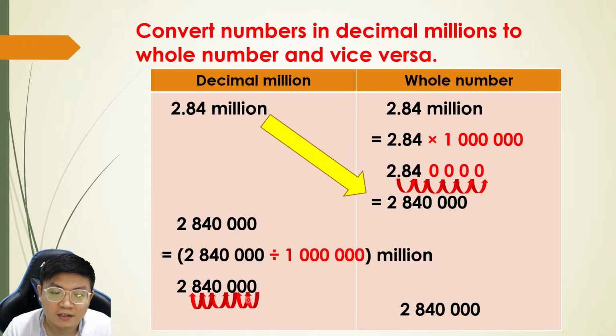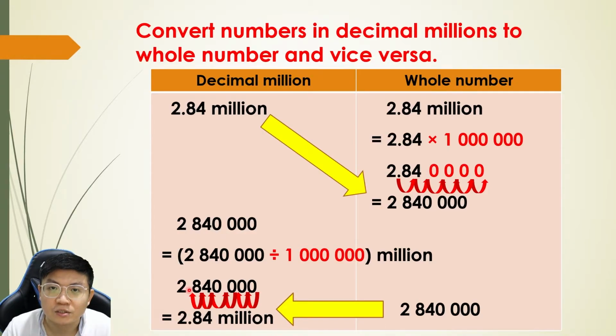Starting from here, 1, 2, 3, 4, 5, 6. So the point is actually here, between 2 and 8. Therefore, the answer is 2.84 million. The zeros here, you can ignore them. No need to write. Just write 2.84 million. Now remember the word million.